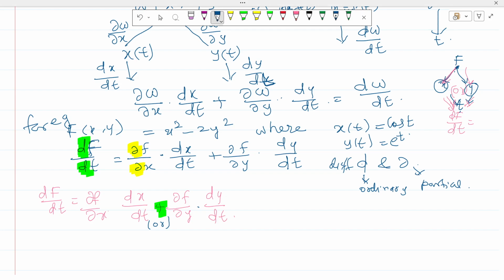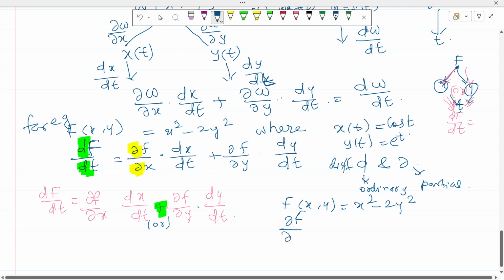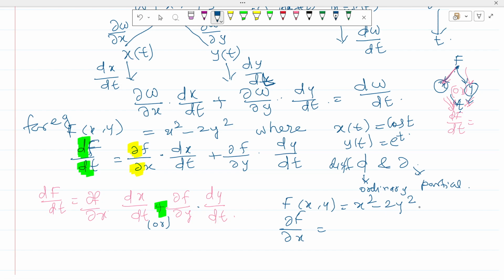So what is f here? f is x square minus 2y square. For dou f by dou x, you have to keep y as a constant. Differentiation of a constant is 0, so only x is the variable here. Differentiation of x square is 2x, so 2x minus 0 is 2x, since y is a constant.